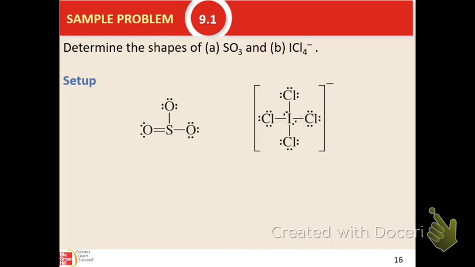Notice how many domains you have on that one. You have 4 single bonds, plus you have 2 unshared pairs, because iodine can expand the octet rule. So look at what you have on that one. In that case, you have AB4, and you have 2 lone pairs of electrons. So you can see what shape that one's going to be overall as well.